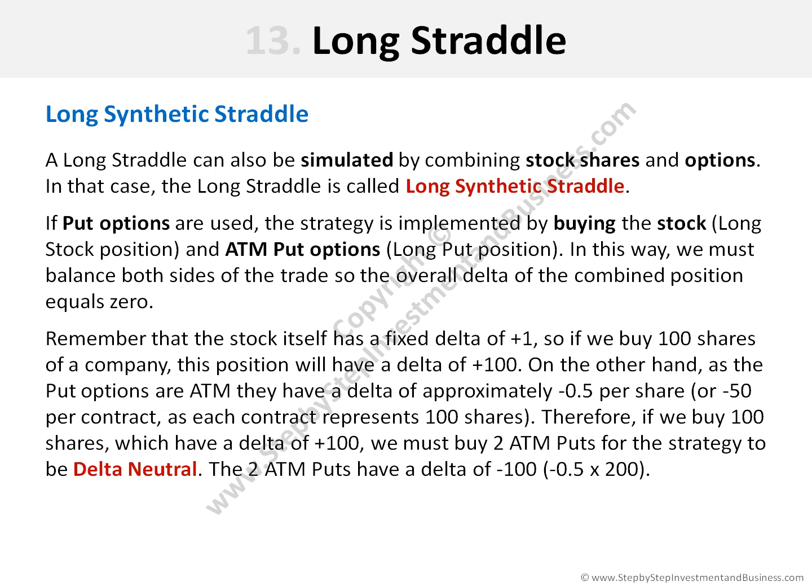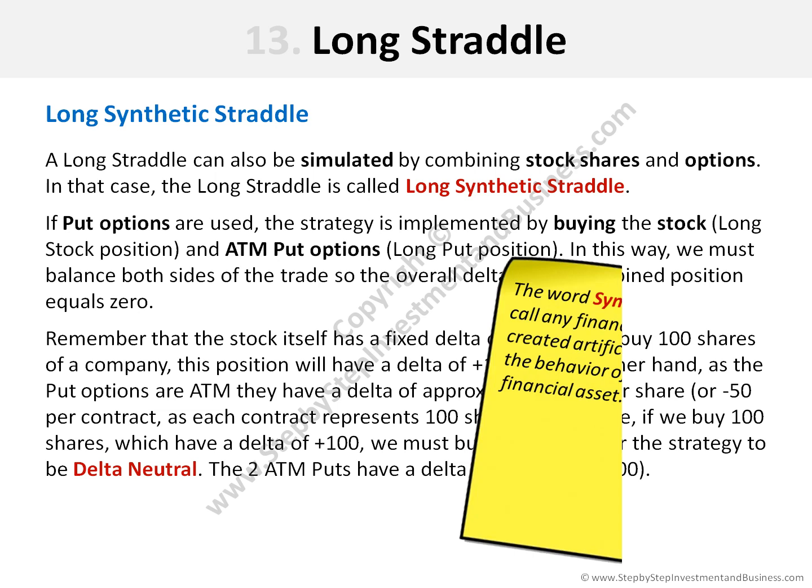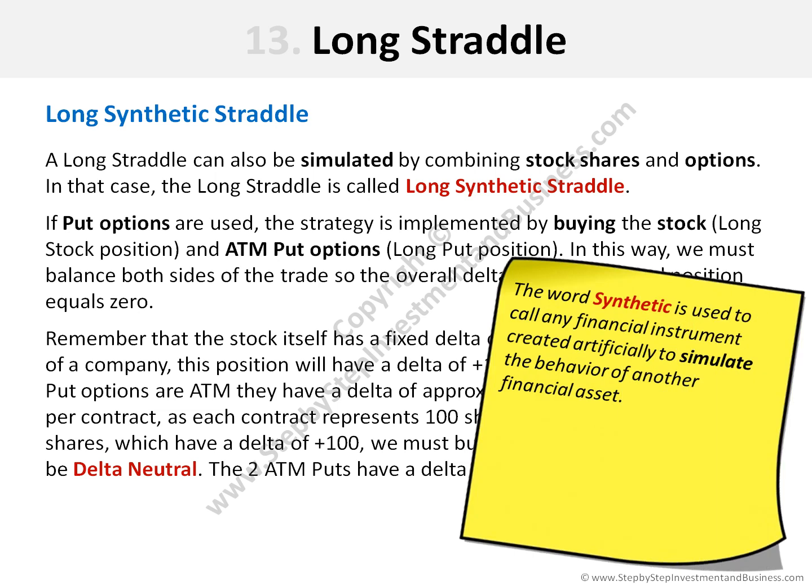Therefore, if we buy 100 shares, which have a delta of +100, we must buy 2 at-the-money puts for the strategy to be delta neutral. The 2 at-the-money puts have a delta of minus 100, that is, minus 0.5 multiplied by 200, as we are buying 2 contracts. In general, the word synthetic is used to call any financial instrument created artificially to simulate the behavior of another financial asset.